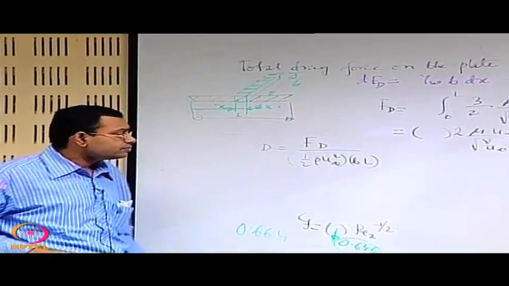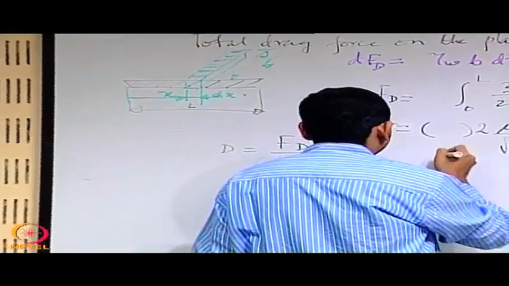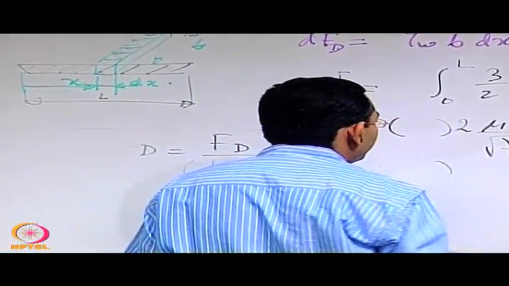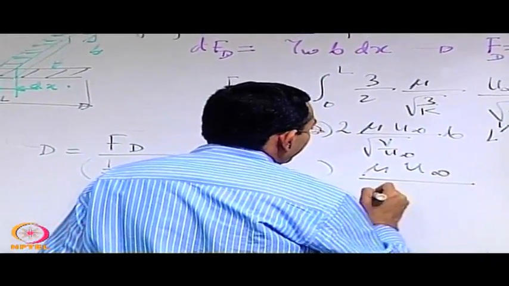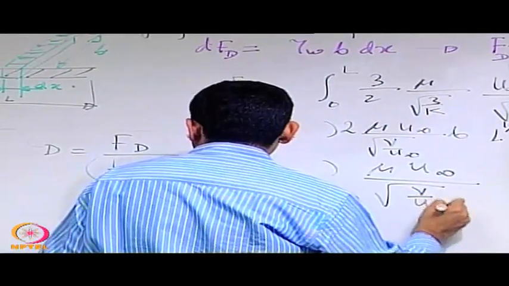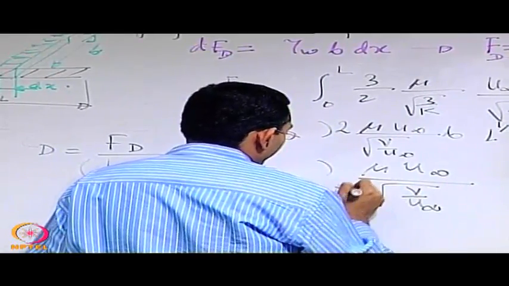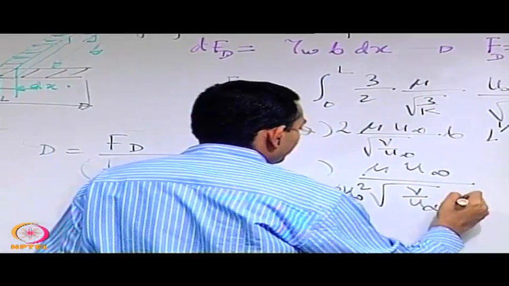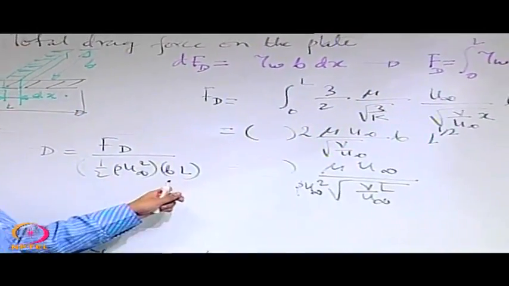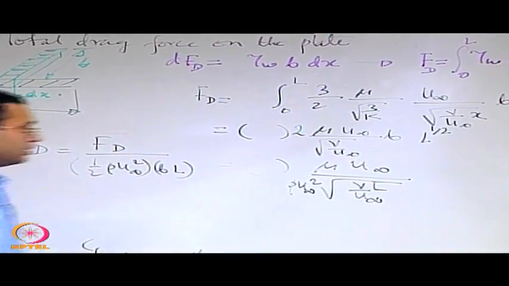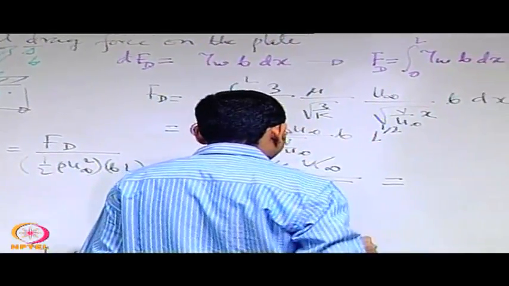Now, here you will get some number times mu u infinity by square root of nu by u infinity, divided by rho u infinity square into, you will get a square root of L in the numerator and L in the denominator. Again one of the u infinities gets cancelled out.